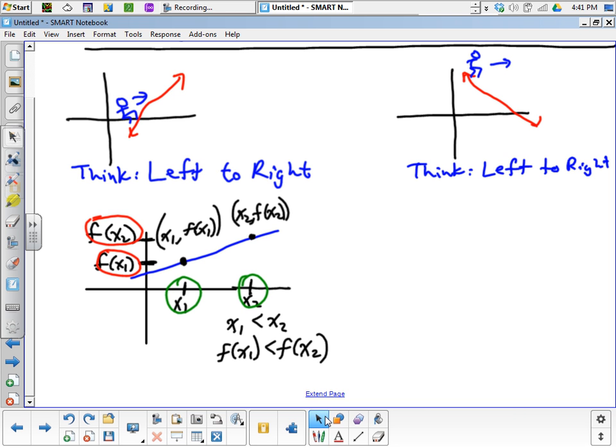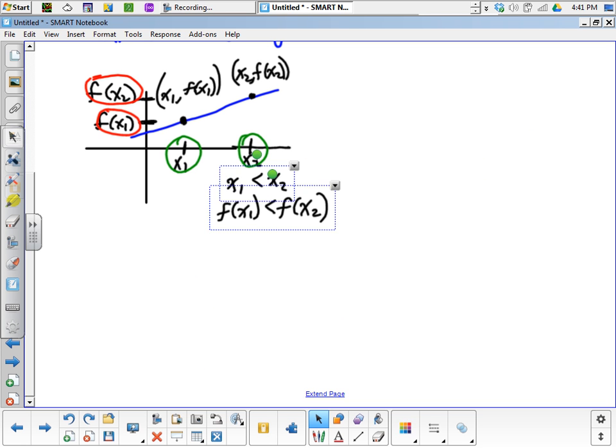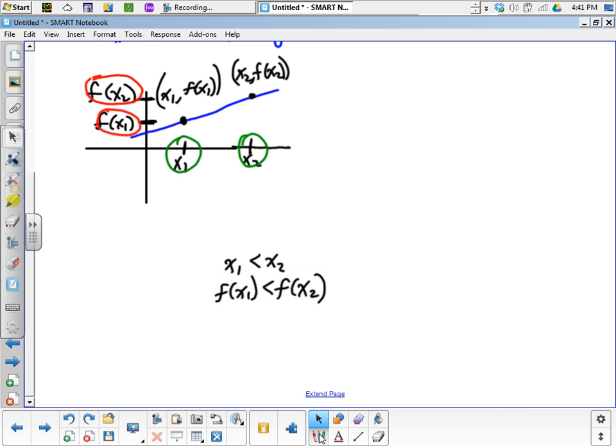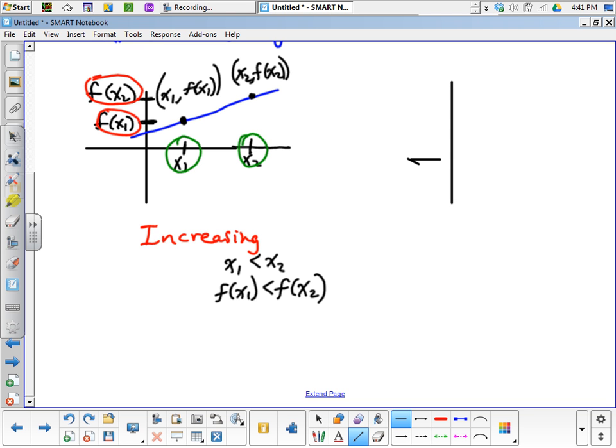All right, so let me just pull this down. Let's put this here. This is what it means to have an increasing function. Okay, now the entire function can be like that. In some cases, just a portion of the function is like that. Okay, you could probably figure out how to write decreasing function.